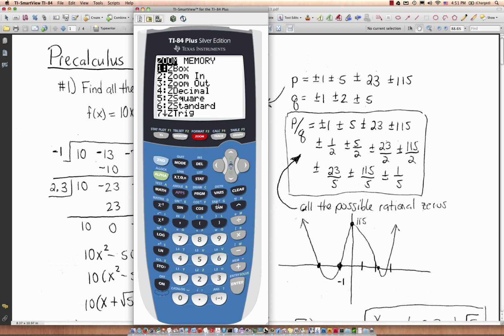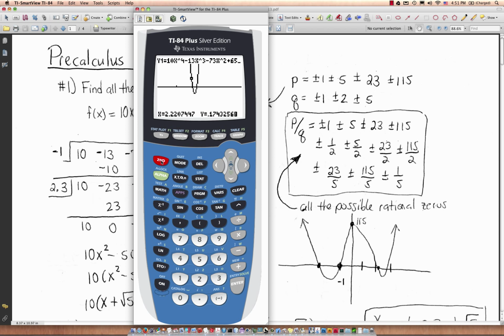Okay, let's use the zoom feature again. And this is looking pretty good. I'll hit the trace key and see if we can find a point here on the graph. There we go. Okay, let's try this one right here.